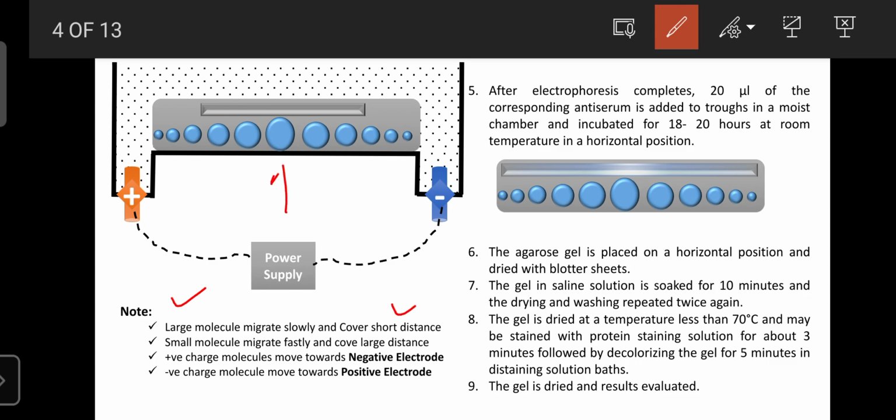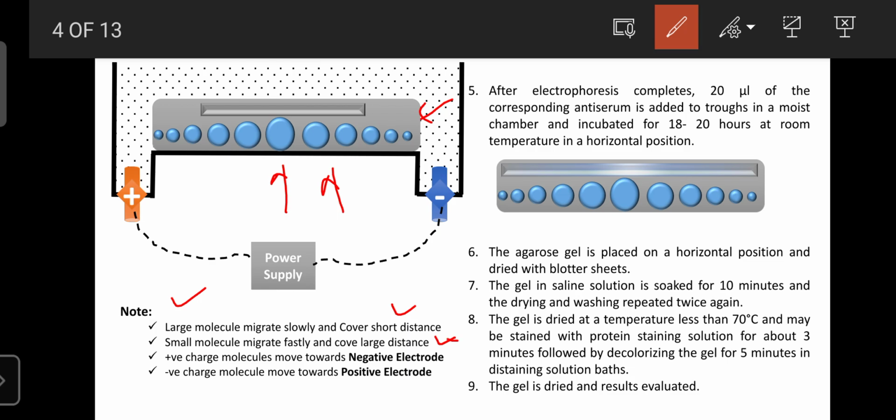This is our applied sample. Those larger molecules move a shorter distance, and the smaller molecules move a large distance. So the large molecules migrate slowly and cover a short distance, while the small molecules migrate fast and cover a large distance.